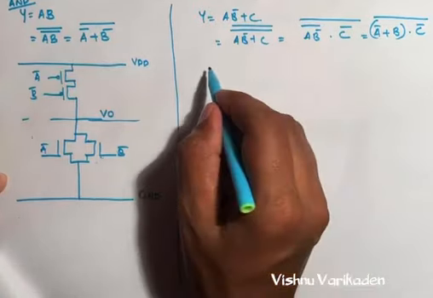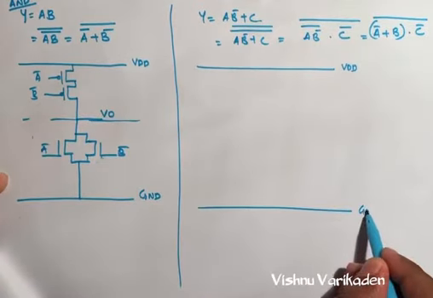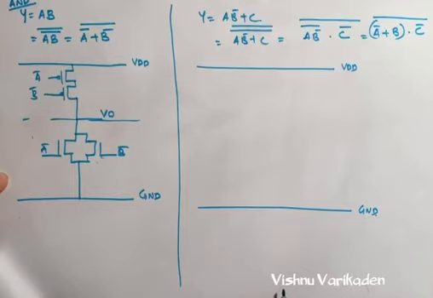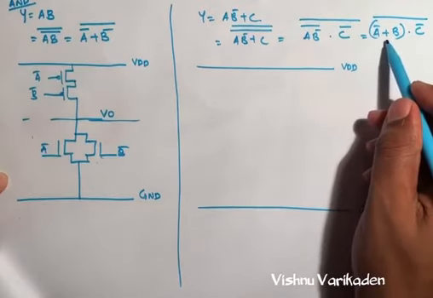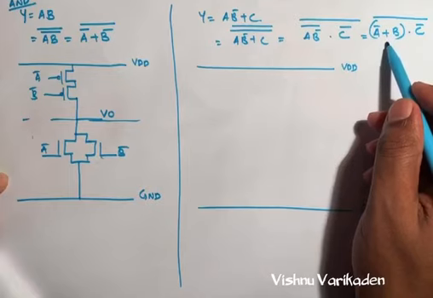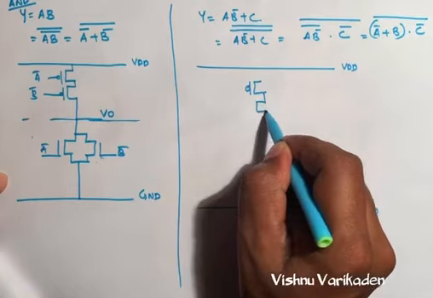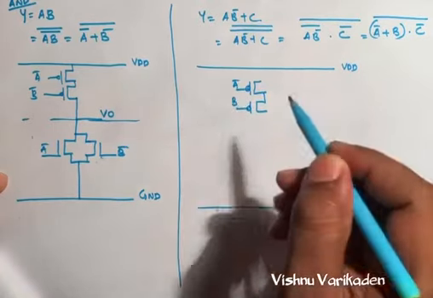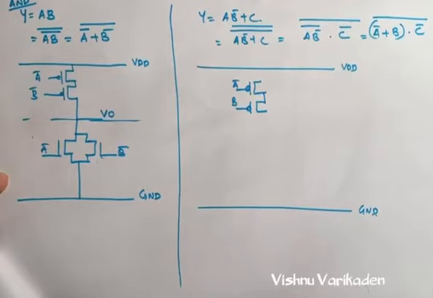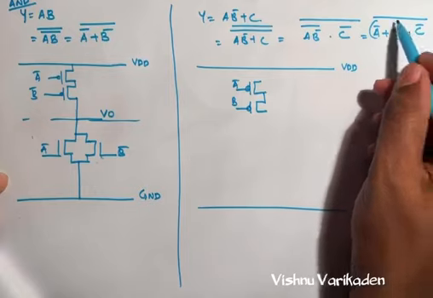We can make this simply starting from VDD and ground. So there is a plus here. So plus happens, the PMOS is series. So the PMOS is series. This is A bar and this is B. So now make the C bar multiplied with the term.